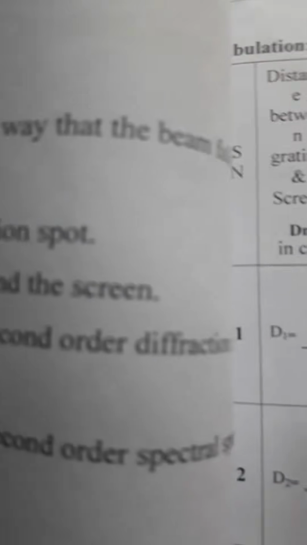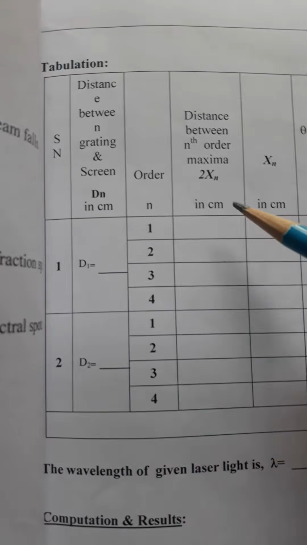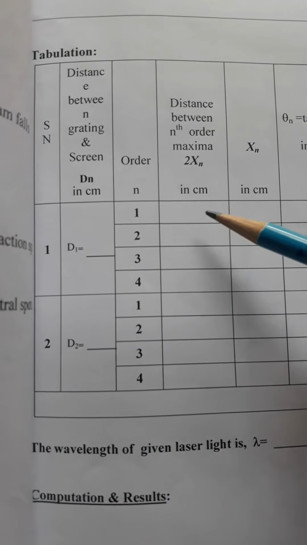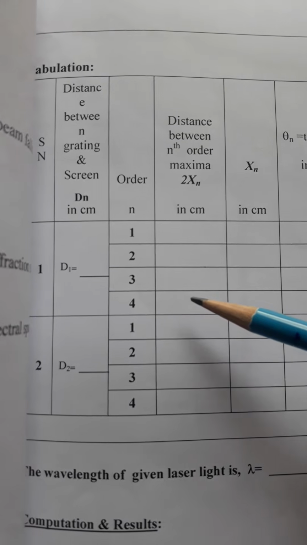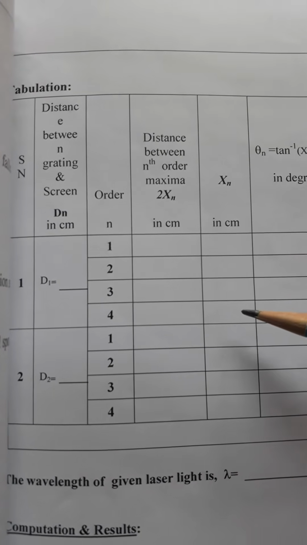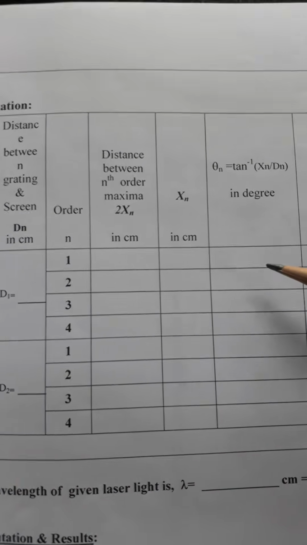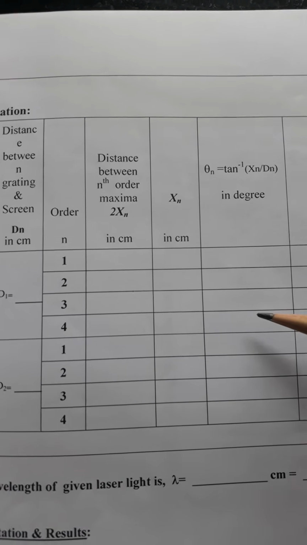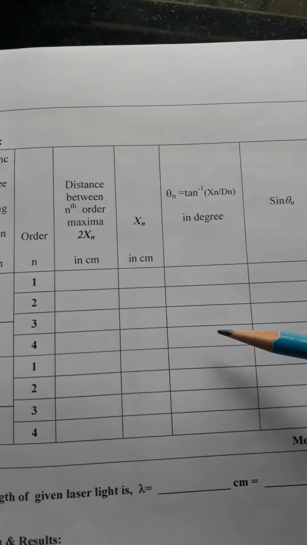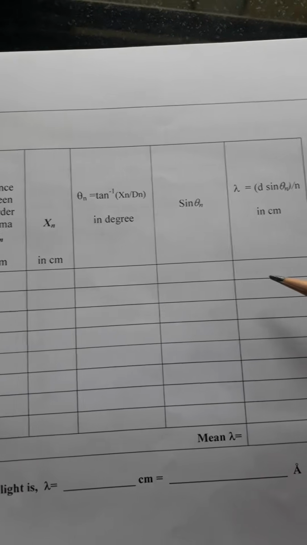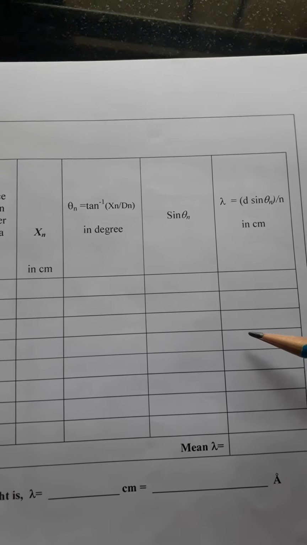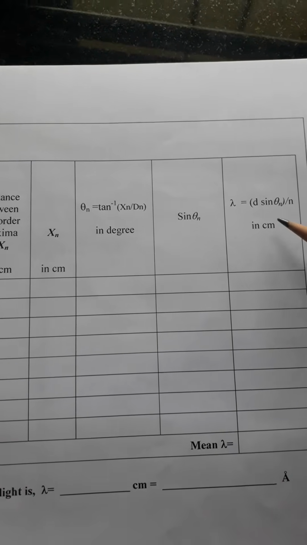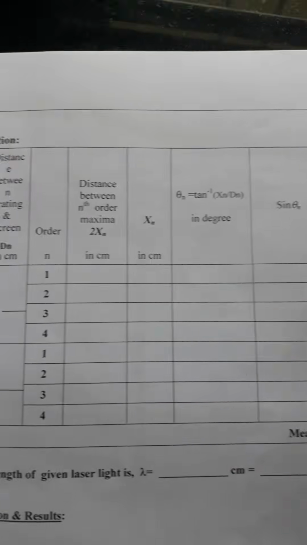Here you write the D distance, then the 2x values for the first four orders, then divide this by 2. In this column you calculate angle theta, here you calculate sine of theta, and in the last column you calculate lambda. While calculating this, you have to divide by the respective order.